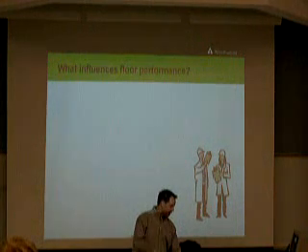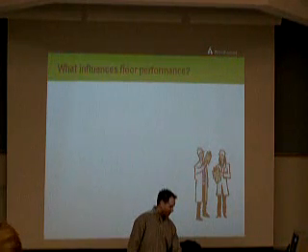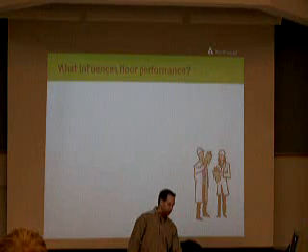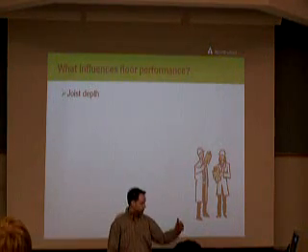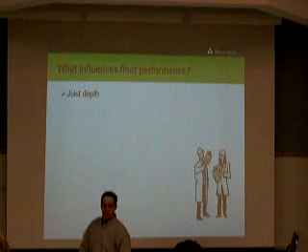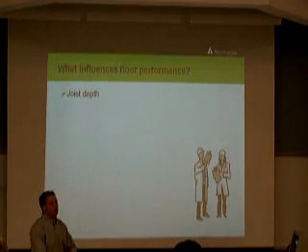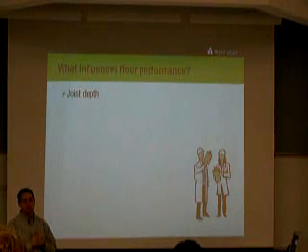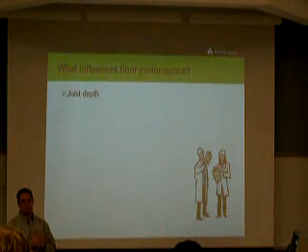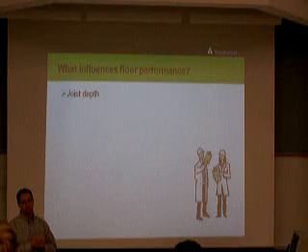So now we'll get off track for a minute, just to explain a little bit what influences floor performance. I just showed one up there, joist depth. Any other things that you might think affects floor performance? Any ideas? Bridging and strapping. Good.